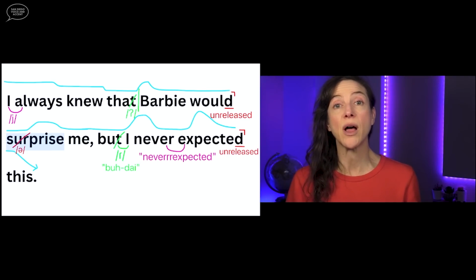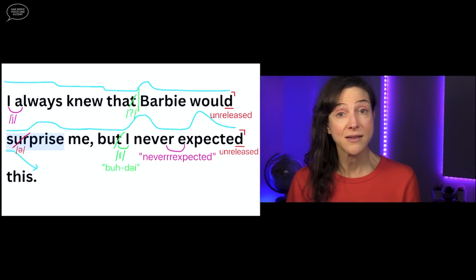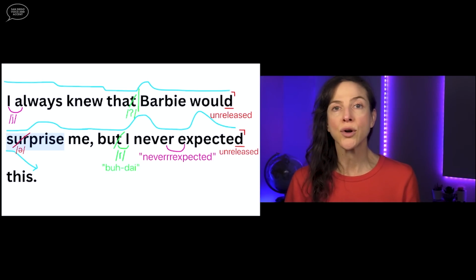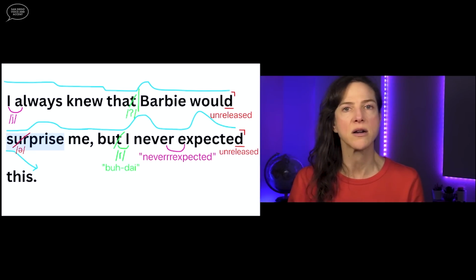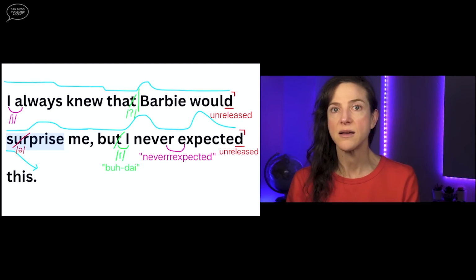So here's an example of when you have this unstressed syllable in "surprise," that has been dropped and reduced even more to have the R drop out completely to just be a schwa sound. "Surprise."